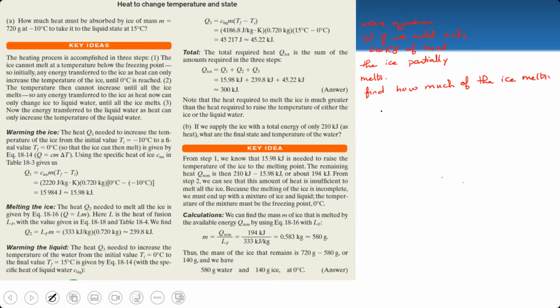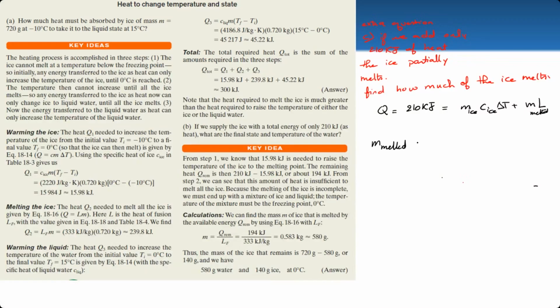So one thing is, notice you are given a Q. It is 210 kilojoules. And the Q is going to be M of the ice, C ice, delta T, plus ML. But the mass here is not the total mass of the ice. I'll name it M melted, the mass that has melted, and I can easily solve for that.